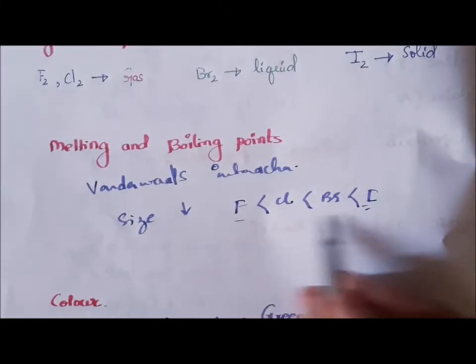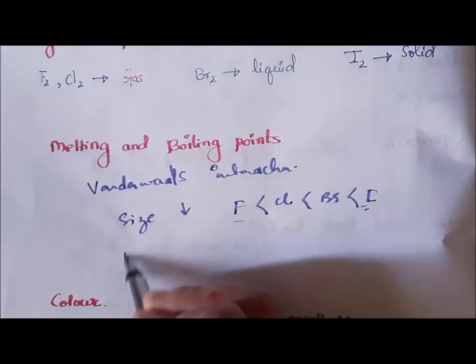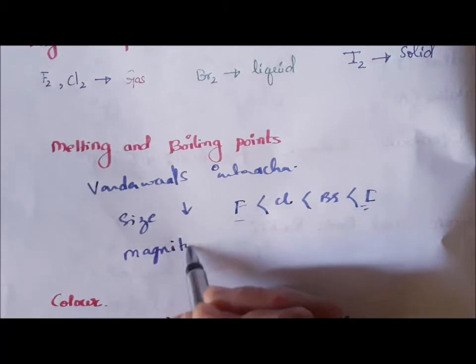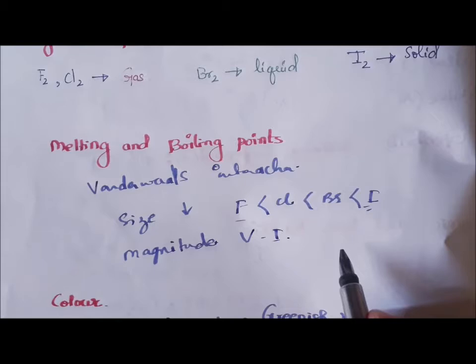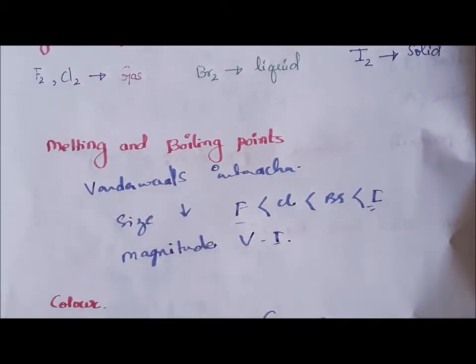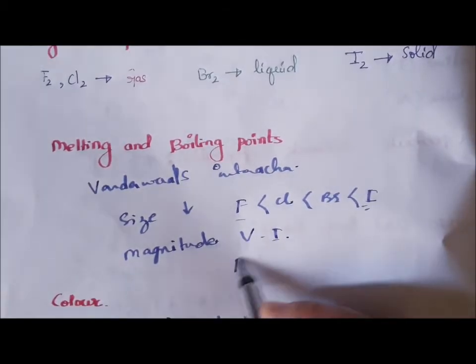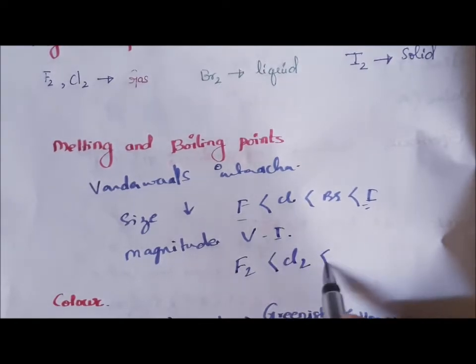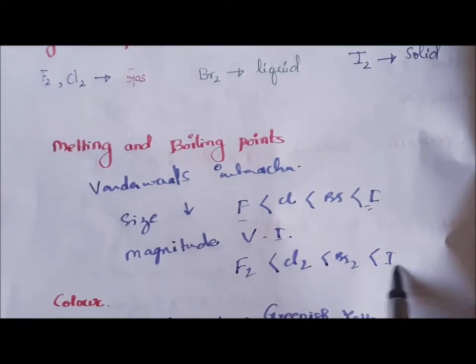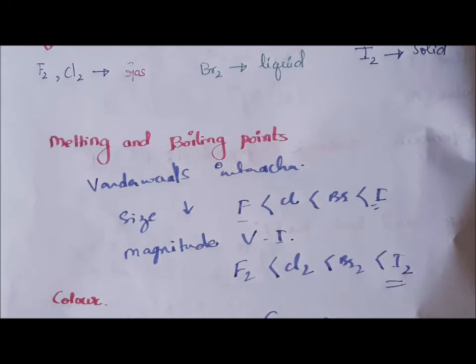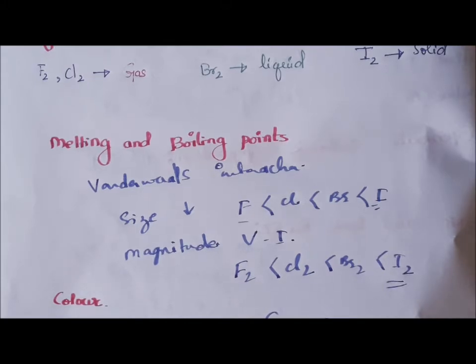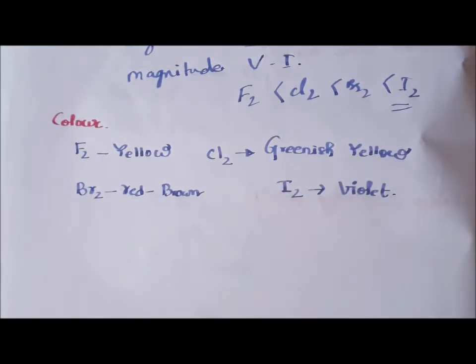Because of the increase in atomic size, the magnitude of van der Waals interaction will also increase in the same order. So the melting point and boiling point increase in the order F2, Cl2, Br2, I2. Iodine has the highest melting point and boiling point. Why? Because it has the largest size, and at the same time the magnitude of van der Waals force is maximum in iodine.